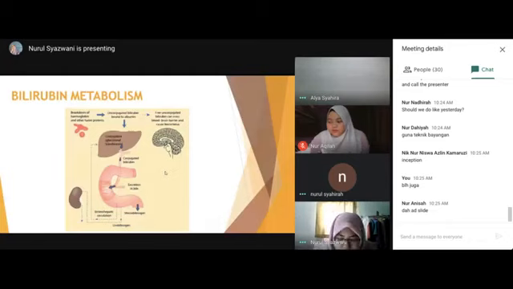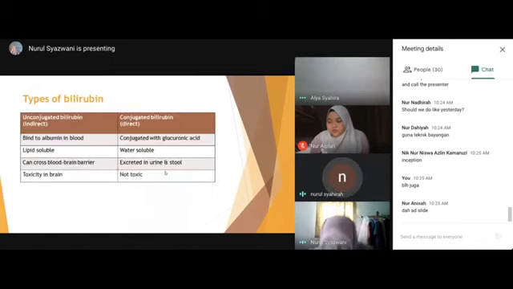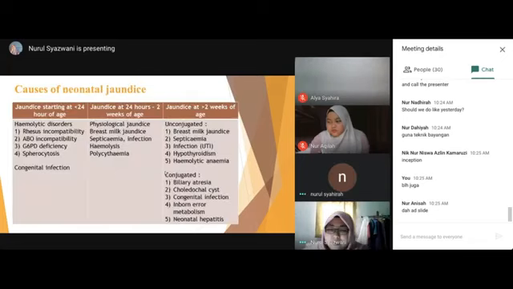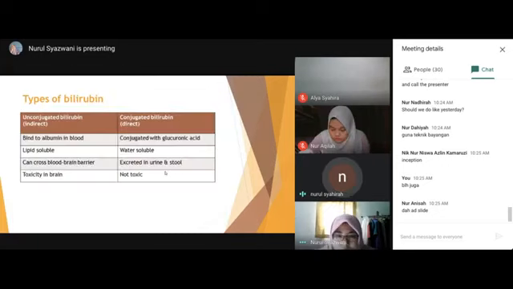Okay, so this is the types of bilirubin. We have two types: unconjugated bilirubin and conjugated bilirubin.